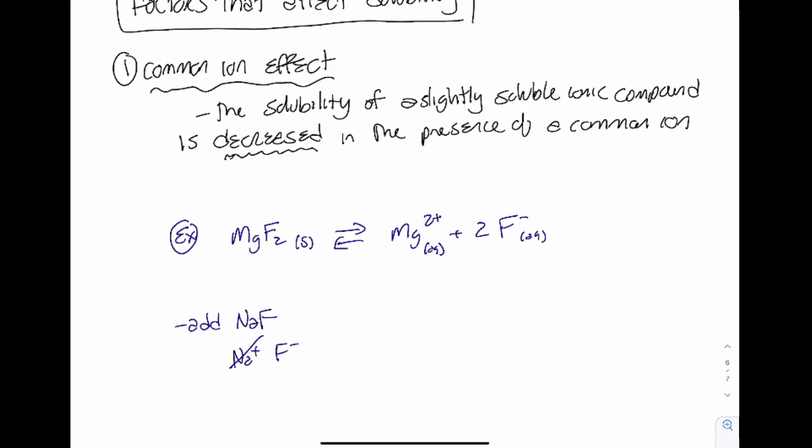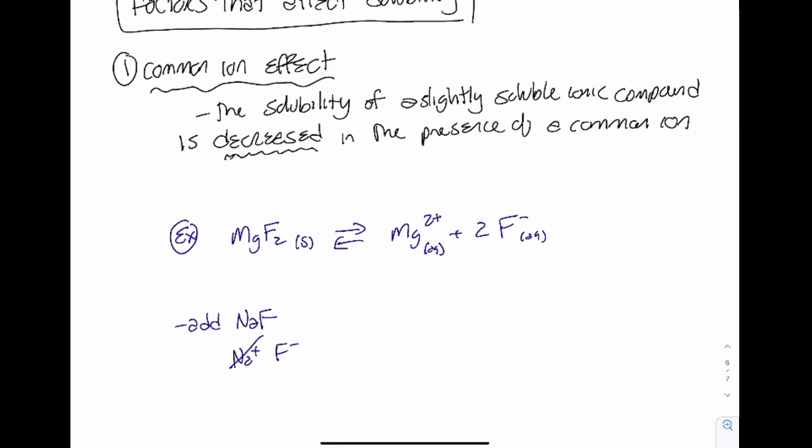And again, it's just a Le Chatelier's principle effect. We're adding fluoride ions that shifts it towards my reactants. My reactant is my solid, so fewer ions, more solid. My solubility is decreased.